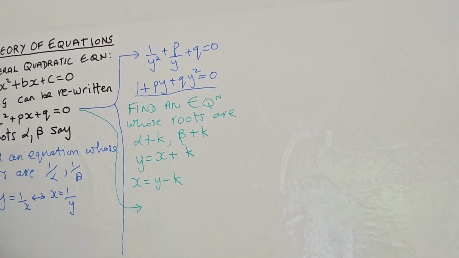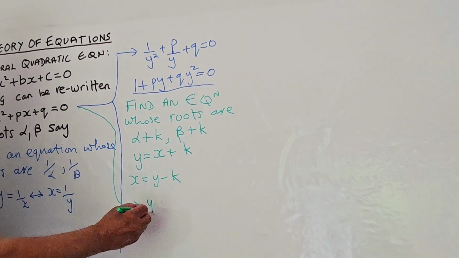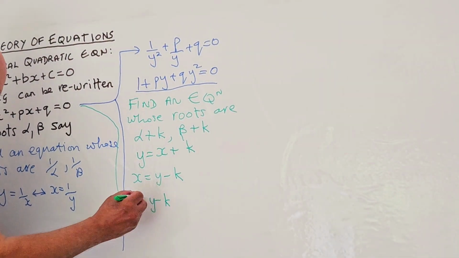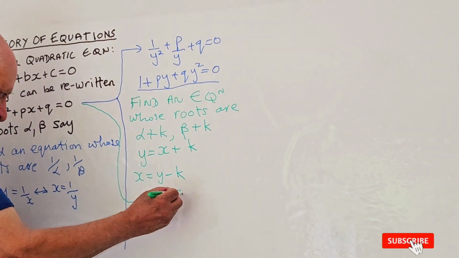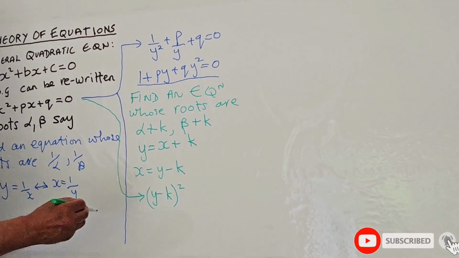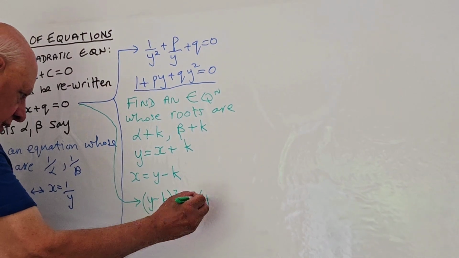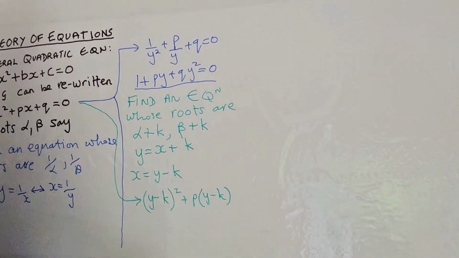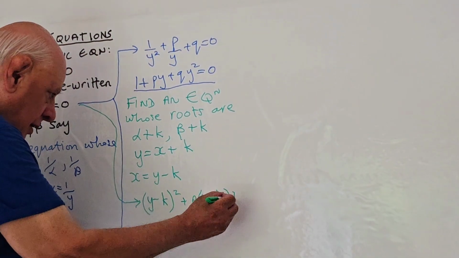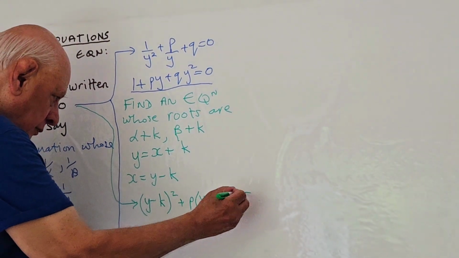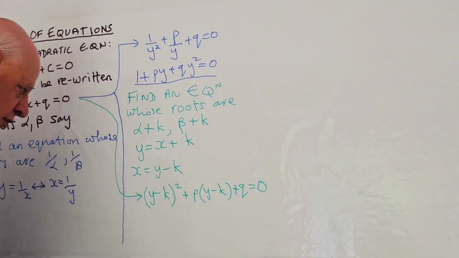When we substitute, we get y minus k squared plus p into y minus k plus q equals 0. There's your new equation.